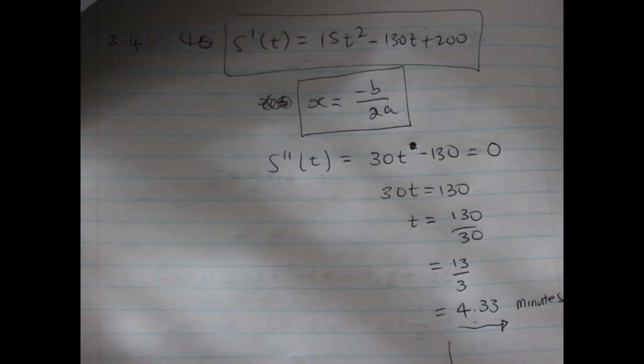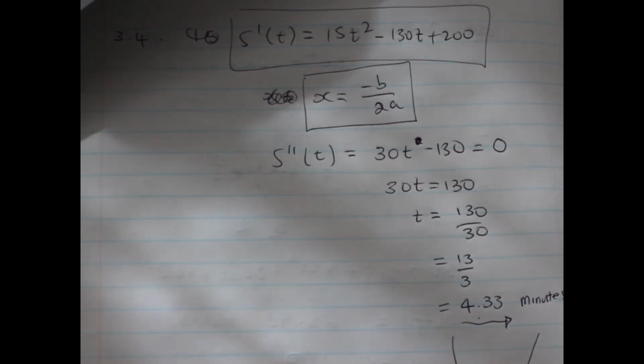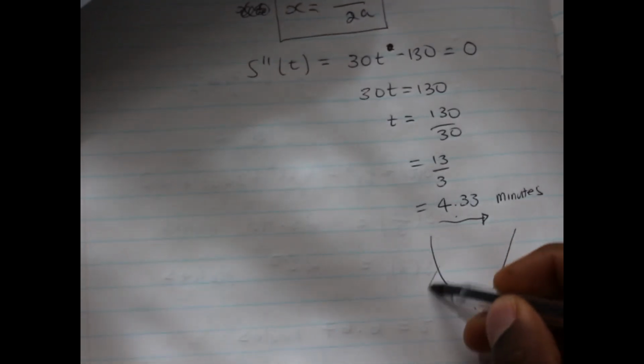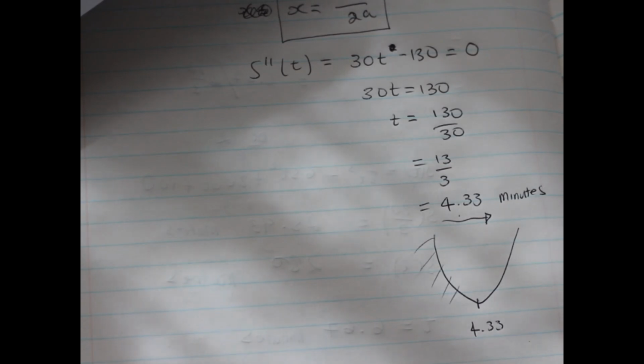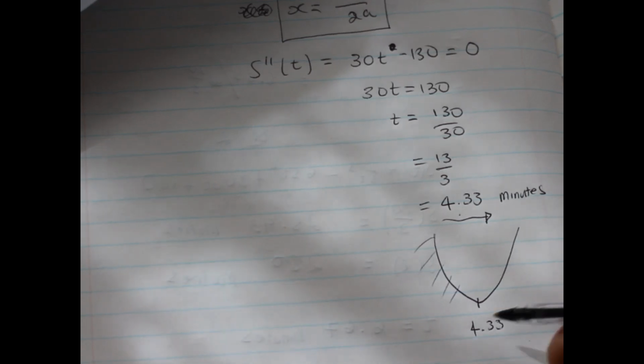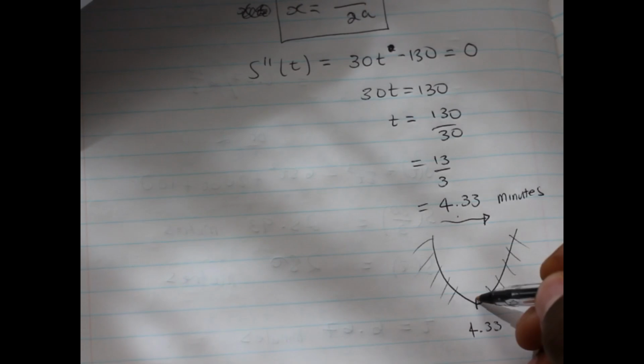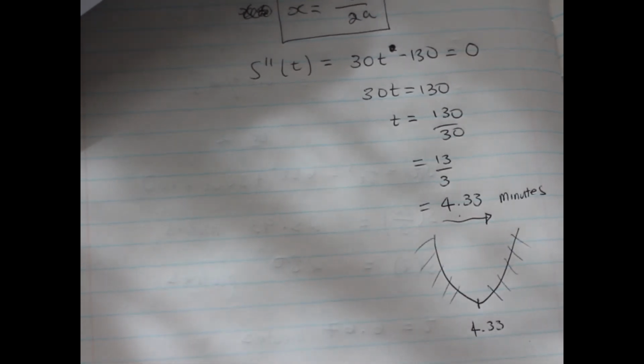So the situation is like this, and at this point that's where you have your 4.33. So on this side the rate of change was decreasing, and then after this time the rate of change is going to start increasing. Remember, this is the function for the rate of change.